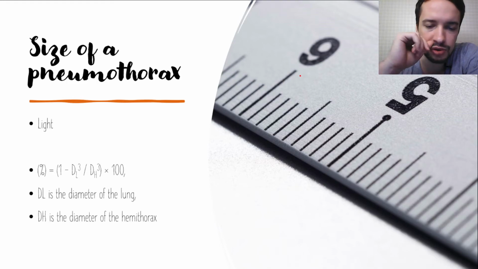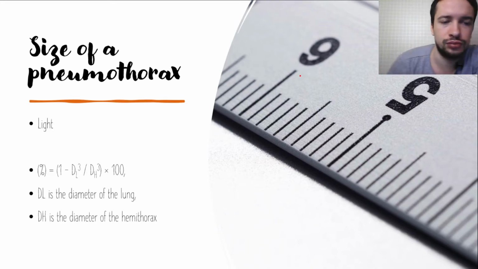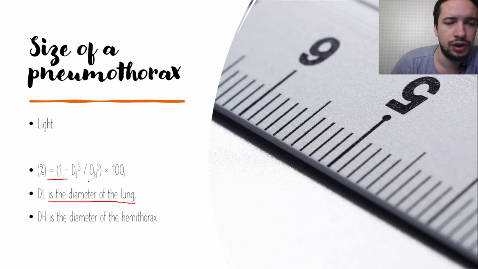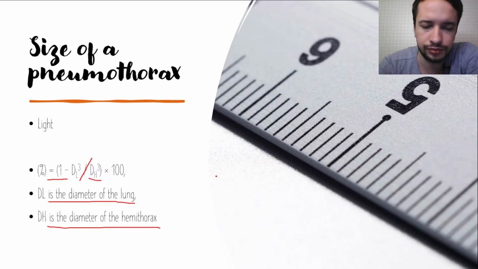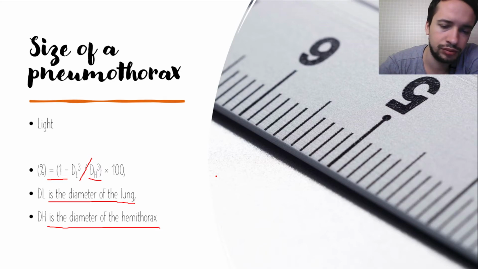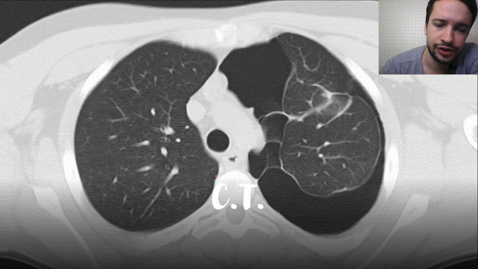The size of the pneumothorax, according to the Light formula, is calculated as follows. The volume of the pneumothorax equals 1 minus dl cubed over dh cubed. dl is the diameter of the lung, dh is the diameter of the hemithorax.